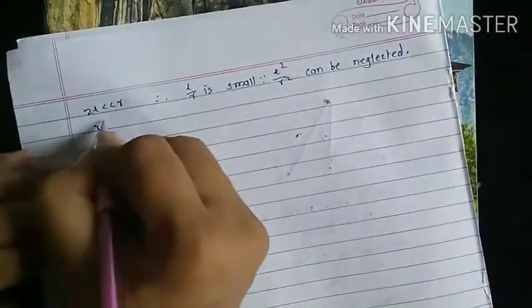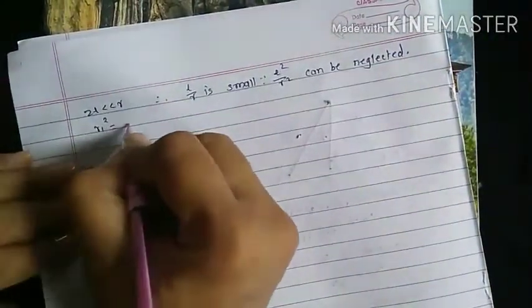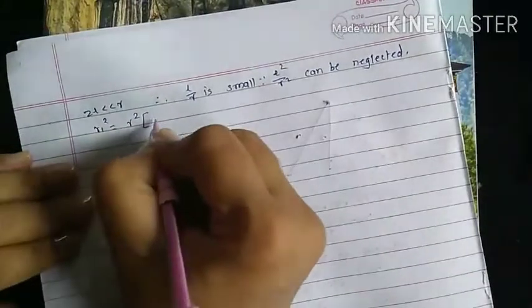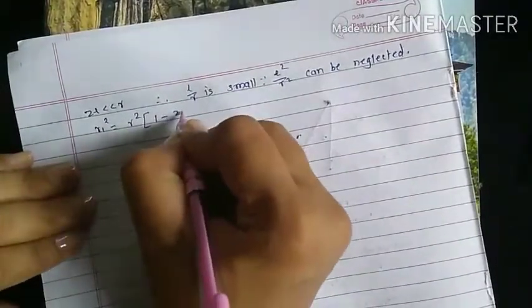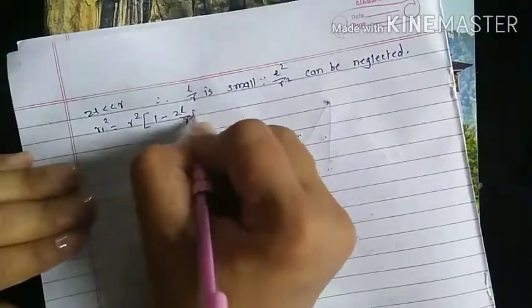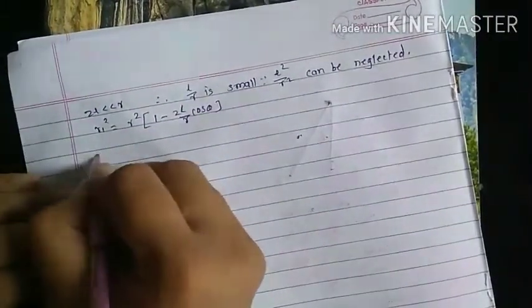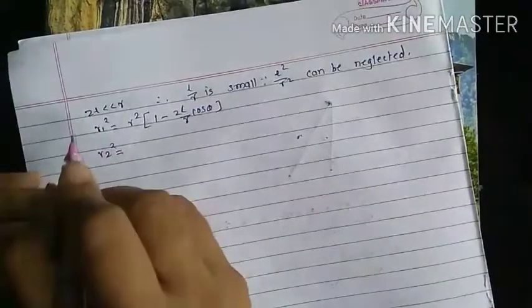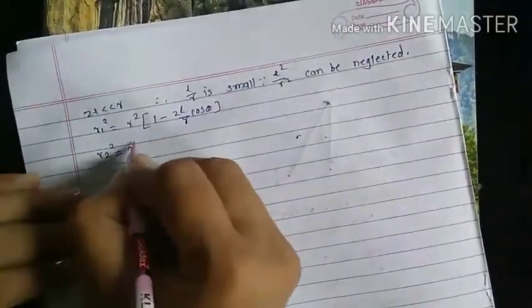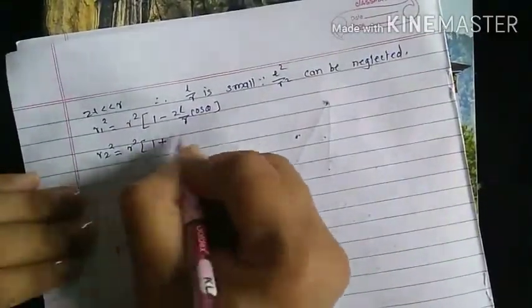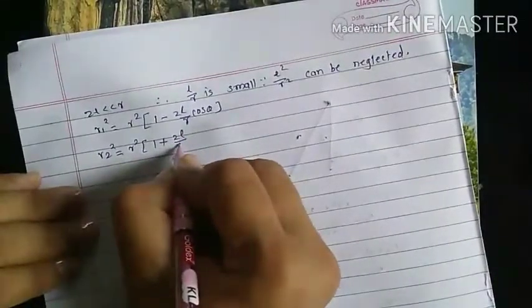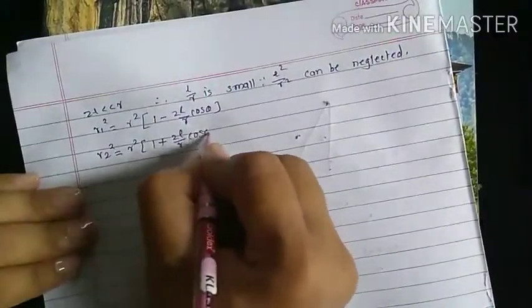Therefore, R1 square is equal to R square in a bracket 1 minus 2L upon R cos theta, and R2 square is equal to R square in a bracket 1 plus 2L upon R cos theta.